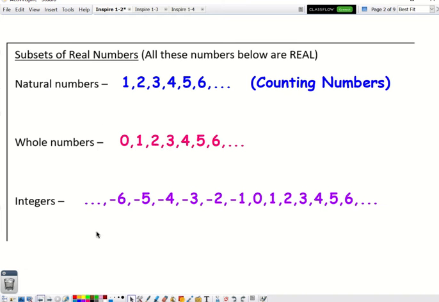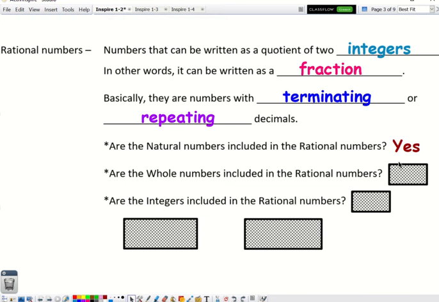Are the whole numbers included in the rationals? Well, the whole numbers just include 0 from the naturals. So that answer is yes. If a number is a whole number, then by definition it's also rational. Are the integers included in the rational number set?